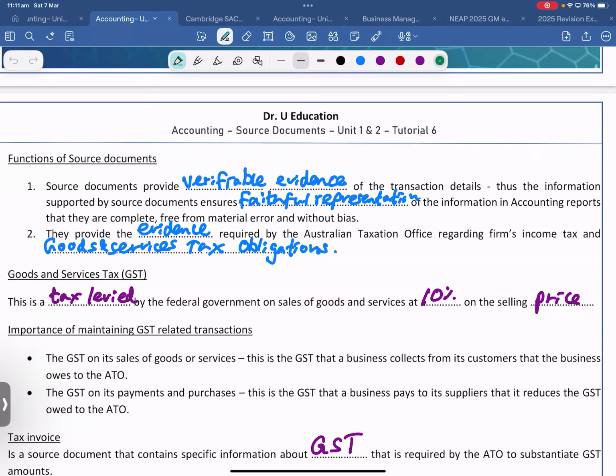For my VCE, I did those ones, but unfortunately, you don't. Your study design doesn't have it. My VCE had partnership accounting and company accounting, but for you guys in VCE, you don't have that. Okay, so then GST, right?